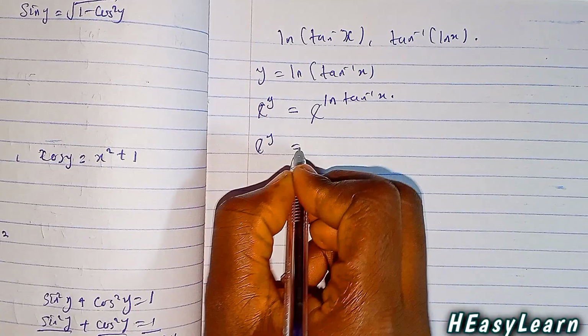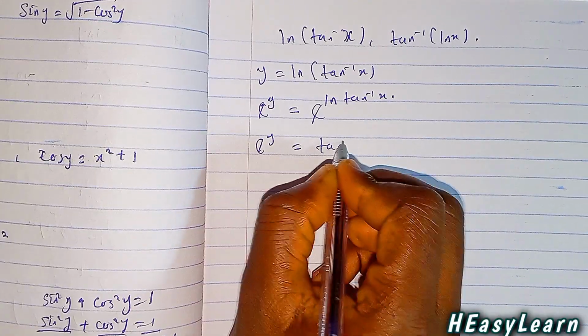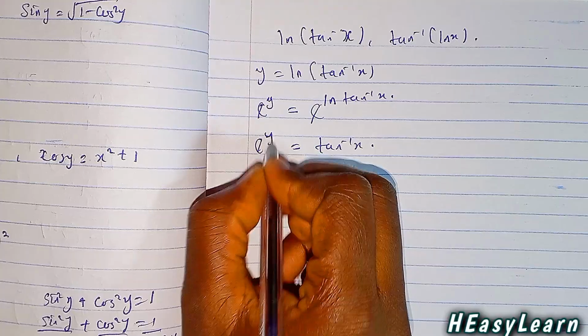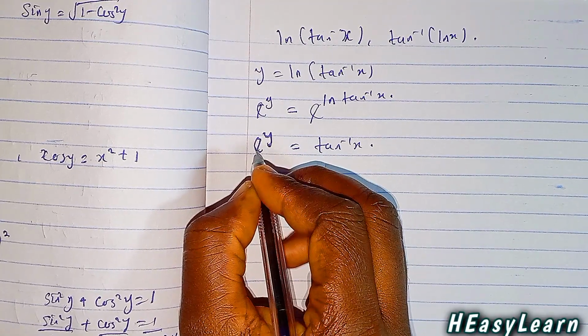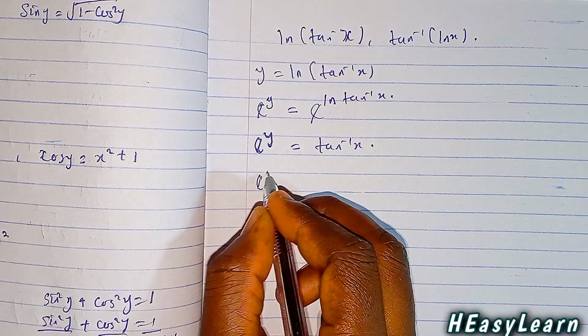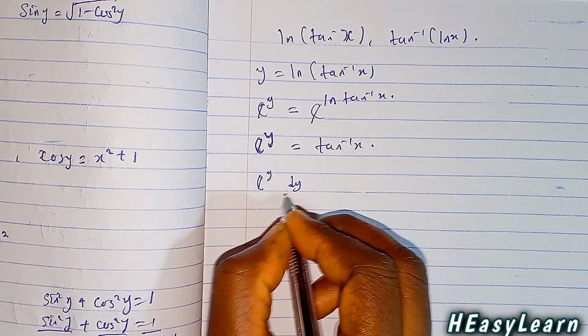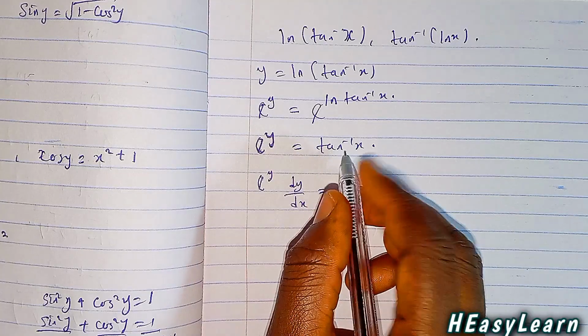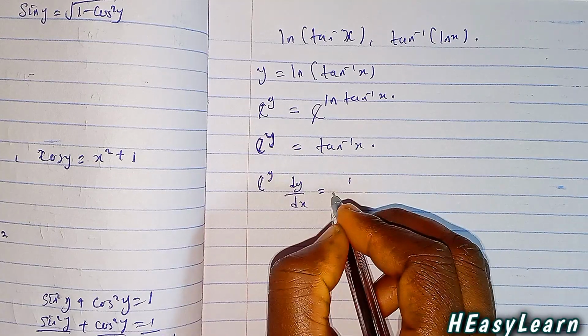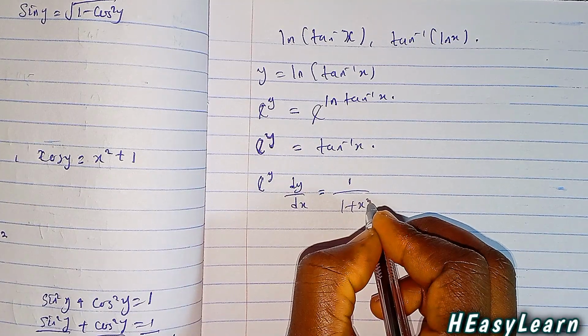This is exponential y equals tan inverse of x. This is an implicit function. Differentiate both sides with respect to x. This is exponential y dy/dx equals, what is the derivative of tan inverse of x? This is 1 over 1 plus x squared.